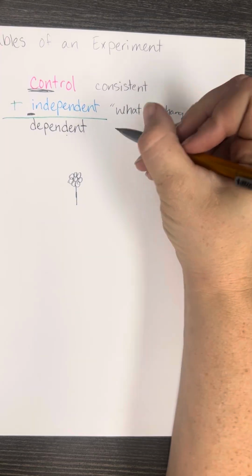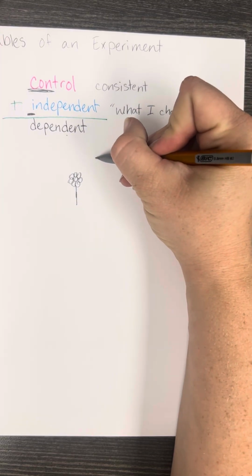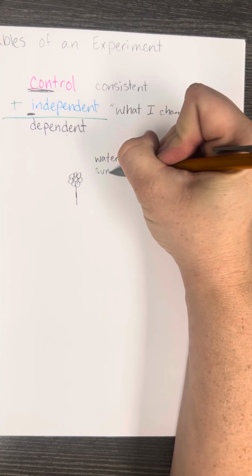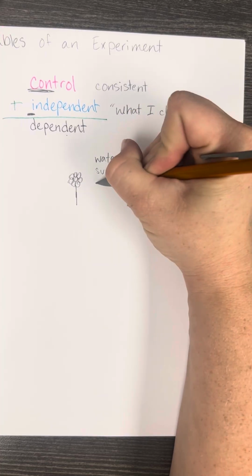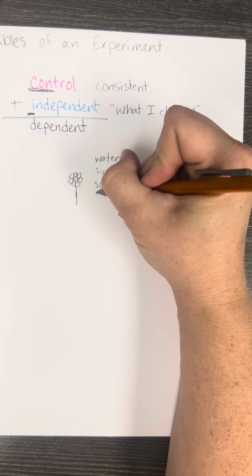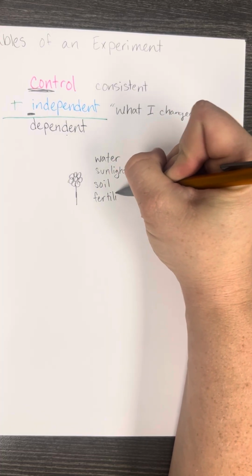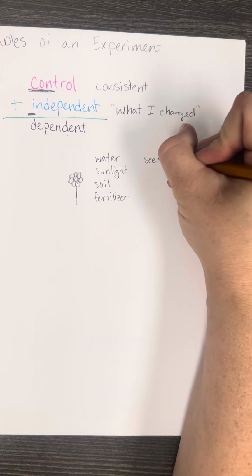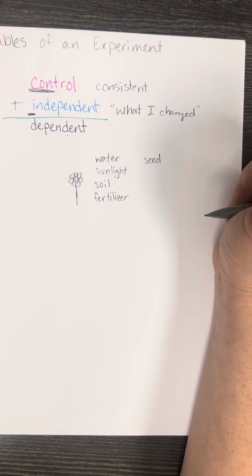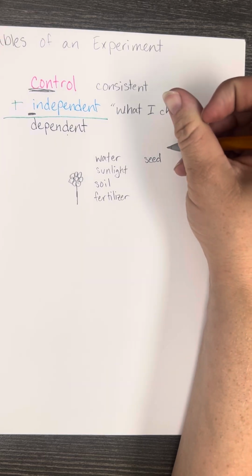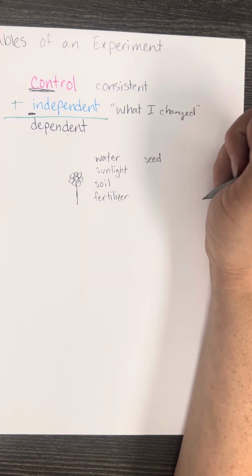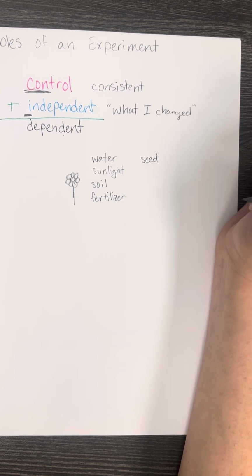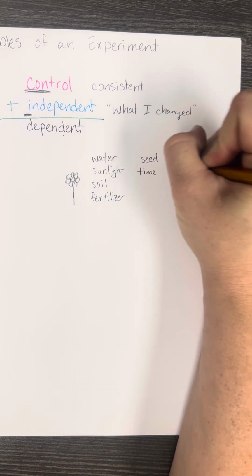All the factors that go into this are, let's say, water, sunlight, soil, fertilizer, the seed. That's a good enough list, right? Or I guess the time of year, probably.